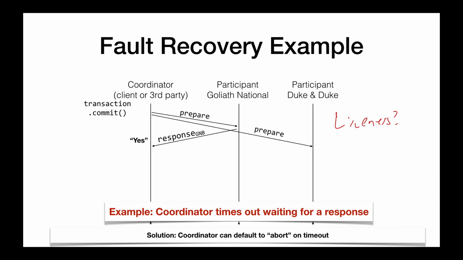Even though it heard a yes vote from one participant, and even though another yes vote started coming across but got lost, the coordinator can always say abort, because all that it has to do is send a message to each participant that says abort. And then we're done.